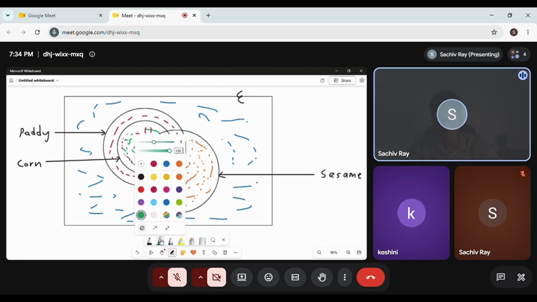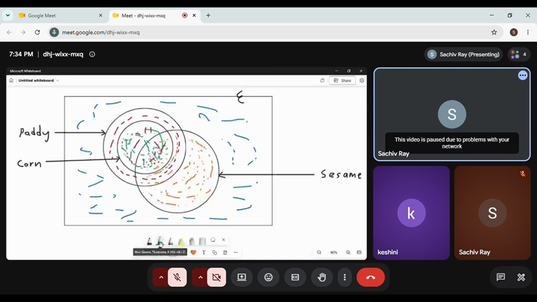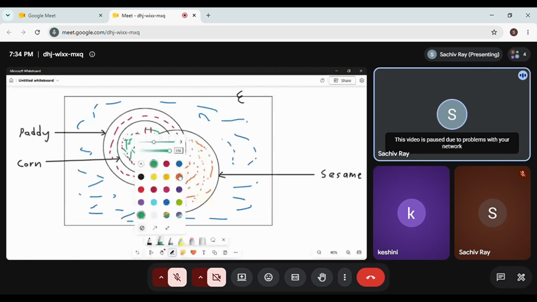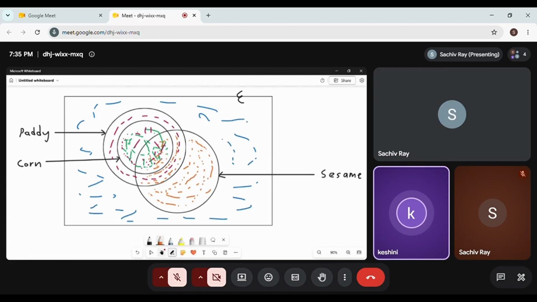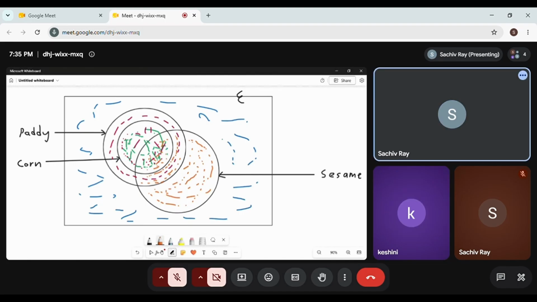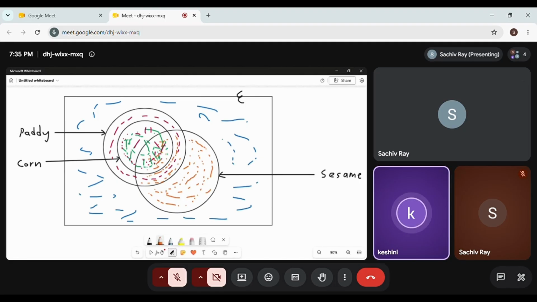The entire corn part will be green, and the sesame part with orange, okay? So the sesame, this empty part, this half circle part, and this seed-like part. So which ones haven't you marked? B and D.